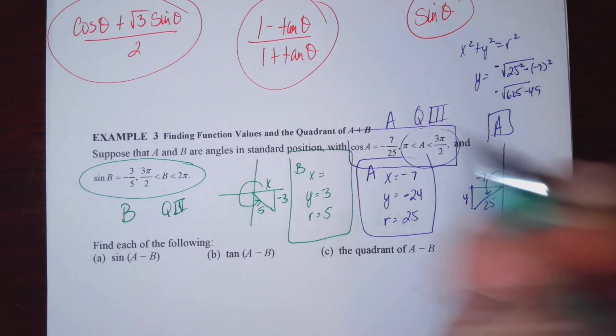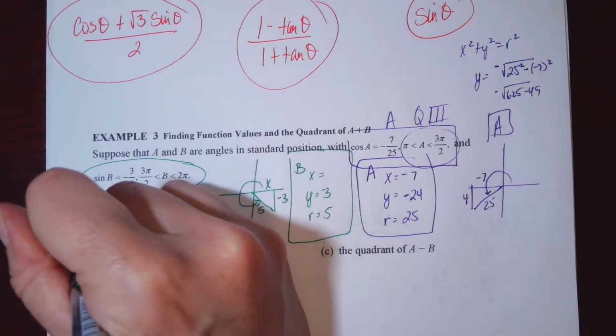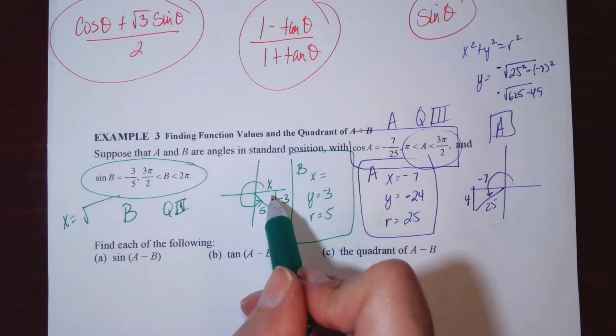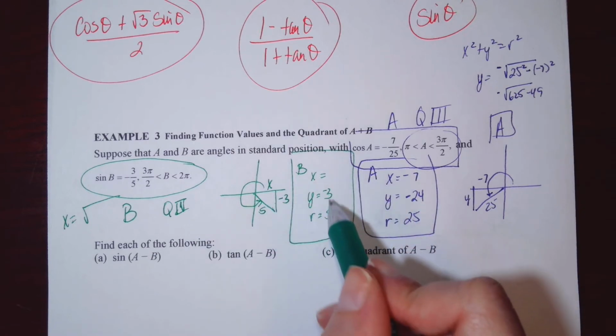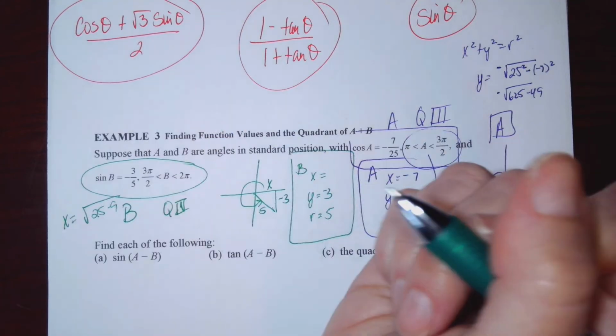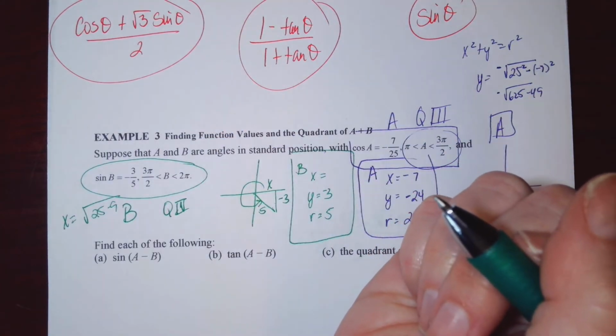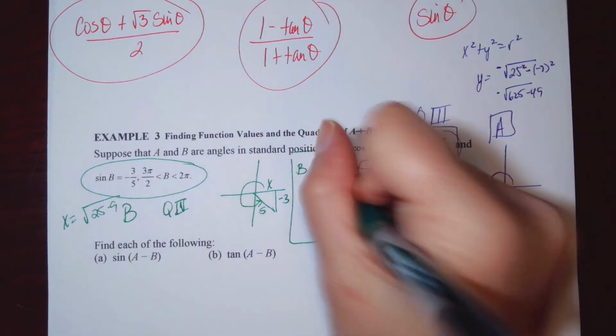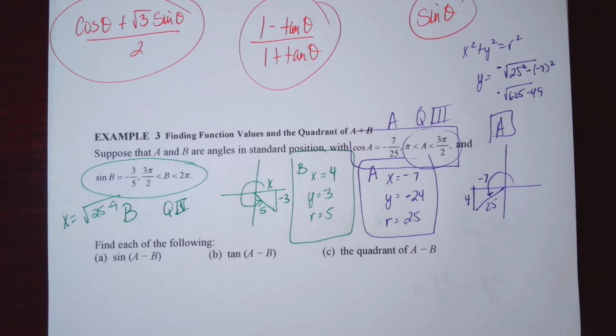Working out the same process, x is going to be positive because I'm in quadrant 4. 5 squared minus negative 3 squared. So 25 minus 9 is square root of 16. So x comes out to be 4 for angle B.